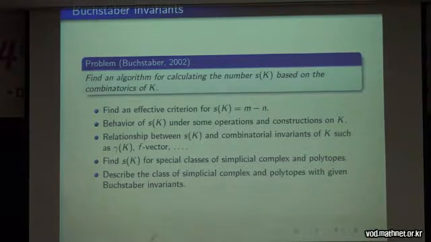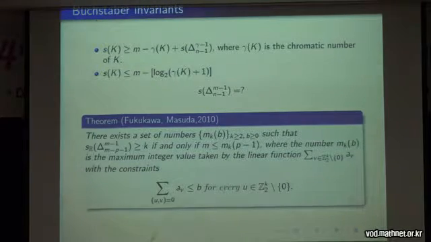My contribution in this talk is about this special simplicial complex. Generally, the Buchstaber number is bounded by an upper and a lower bound. The lower bound is m, the number of vertices of K, minus the chromatic number of K, plus some Buchstaber number of skeleta of a simplex.